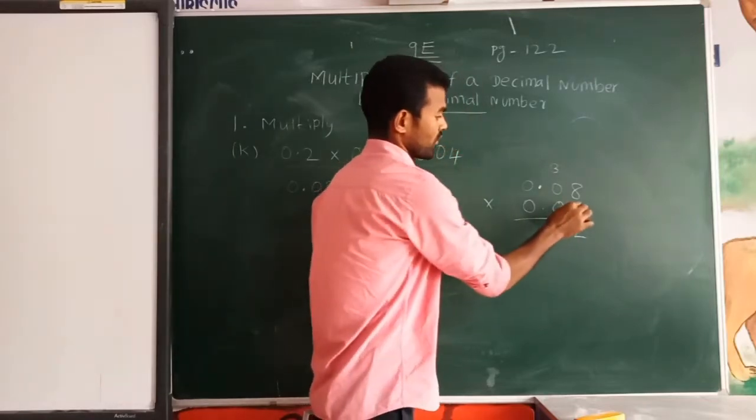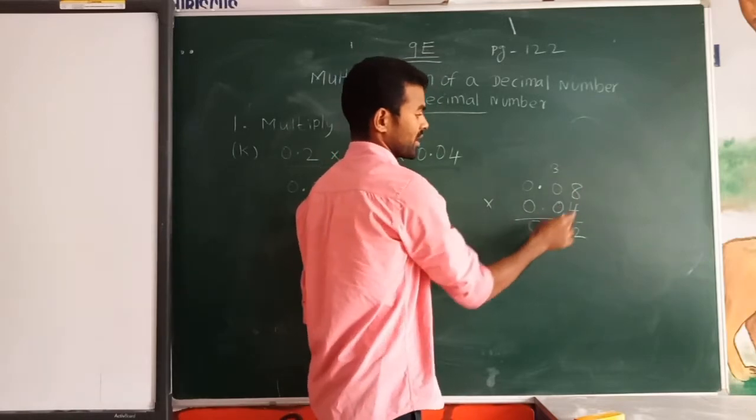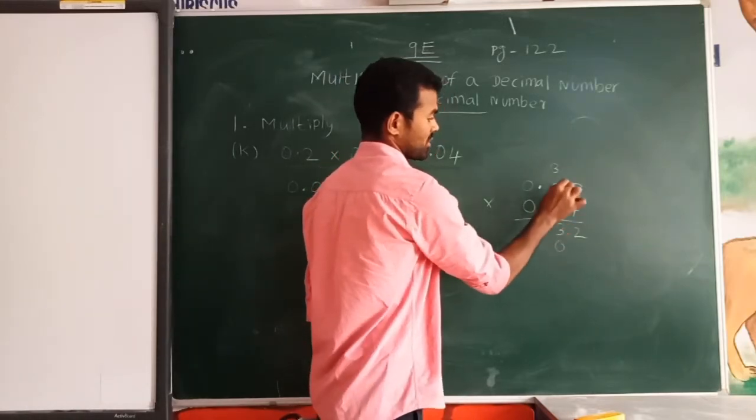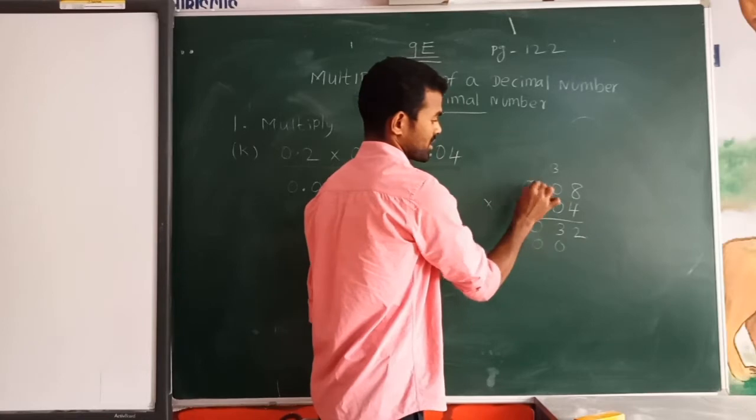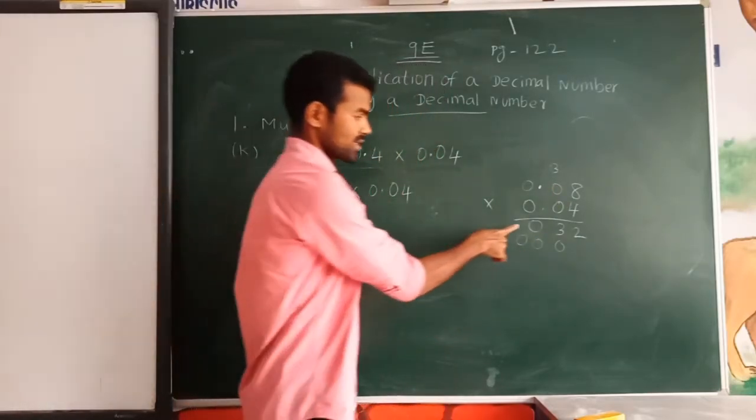Again 4 multiply 0, 0. Then 0 multiply 8, 0, and 0 multiply 0, 0. You got the idea, no?